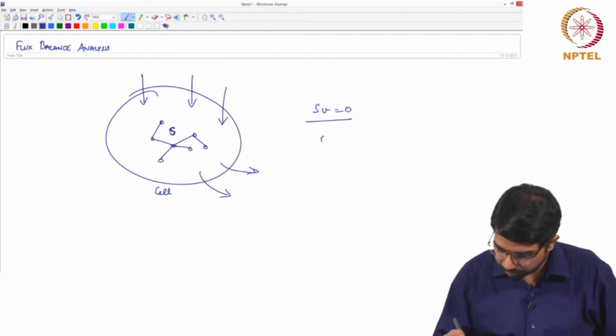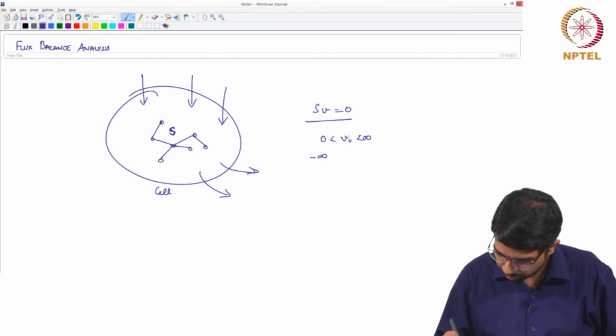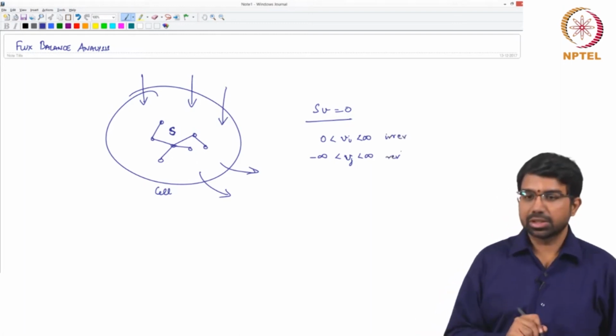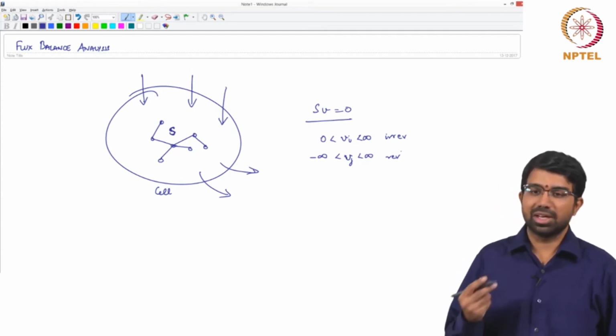And this is thermodynamics. Irreversible and reversible reactions, and let us actually not say infinity, but typically some large value, right?